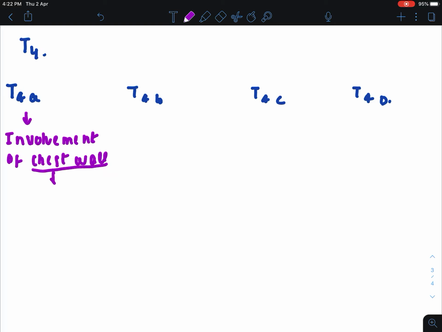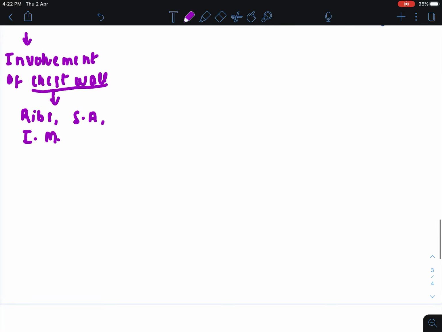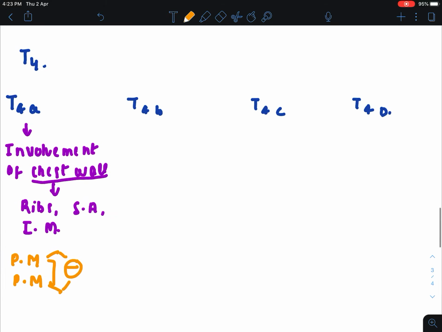The structures involved in the chest wall are the ribs, serratus anterior muscle, and intercostal muscles. But the structures which are not involved are the pectoralis major muscle and pectoralis minor muscle. These two muscles are not involved.